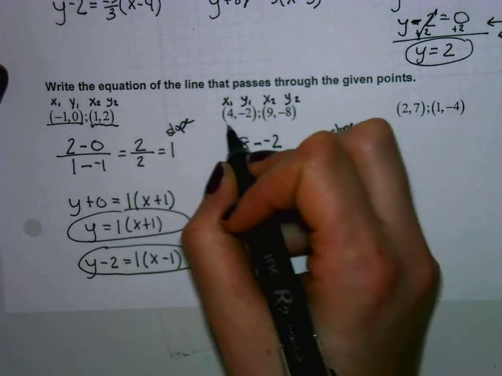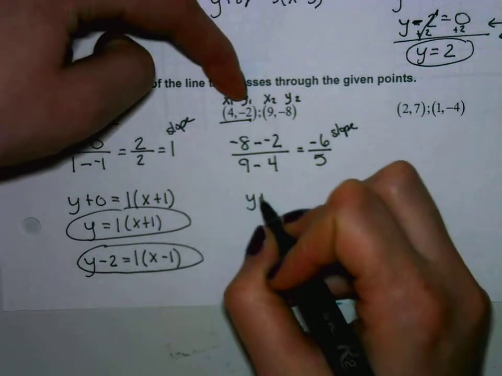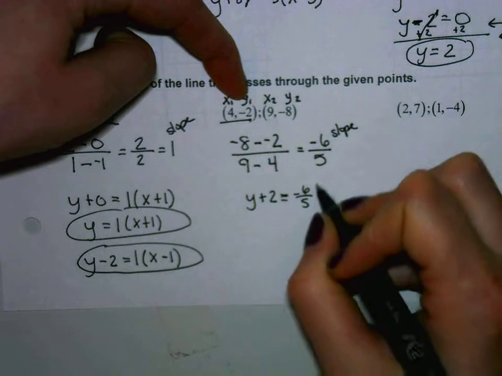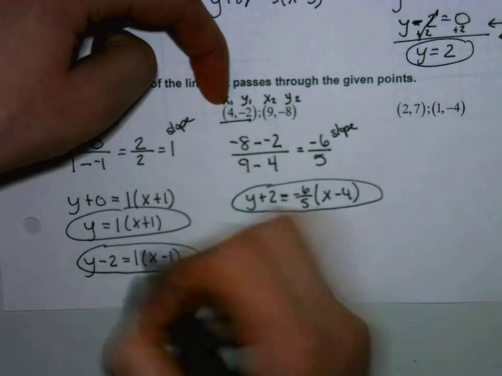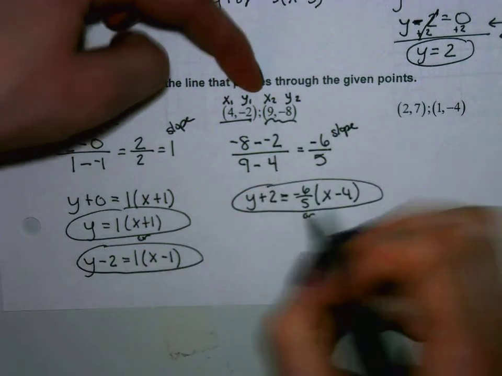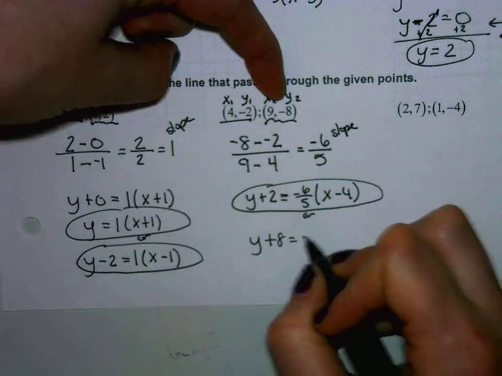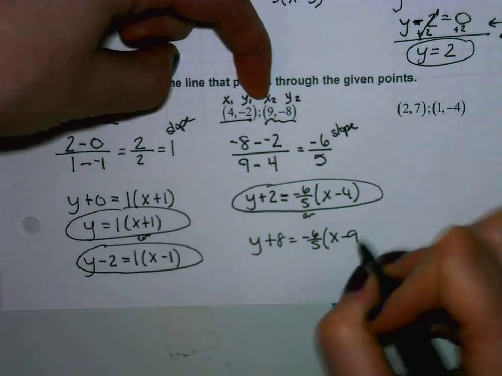So once again, we can have 2 different answers. If we chose point 1, we would have y plus 2 equals our slope of -6/5 times the quantity of x minus 4. Or we could use the second point, which we'd have y plus 8 equals -6/5 for our slope times the quantity of x minus 9.